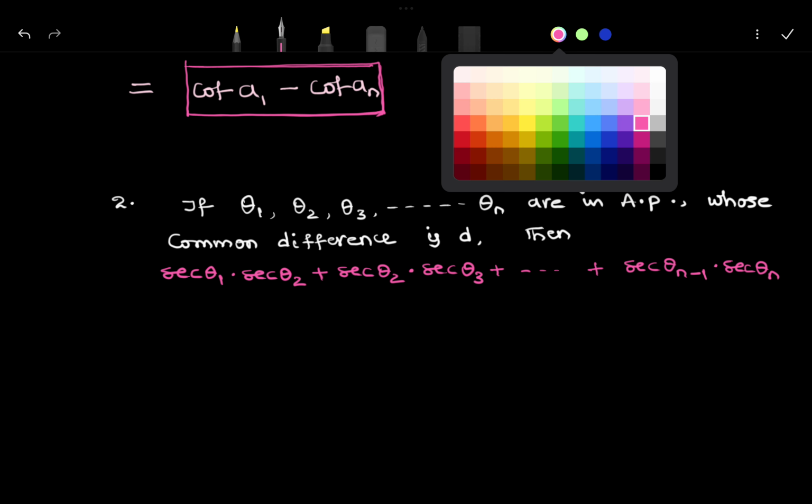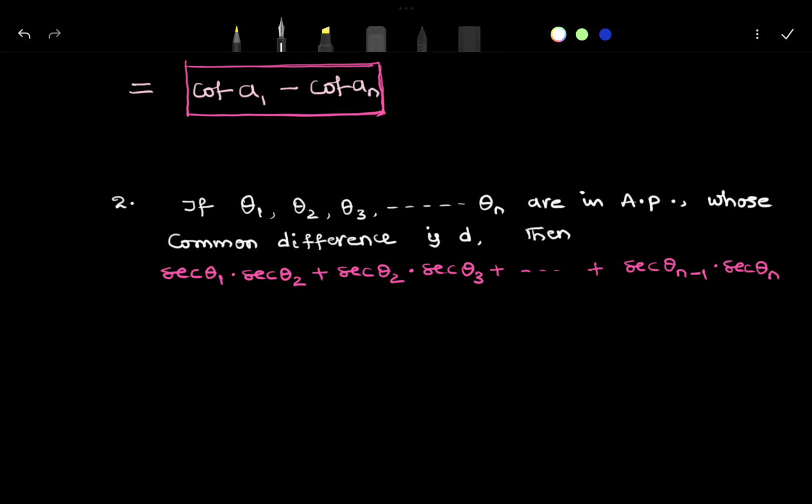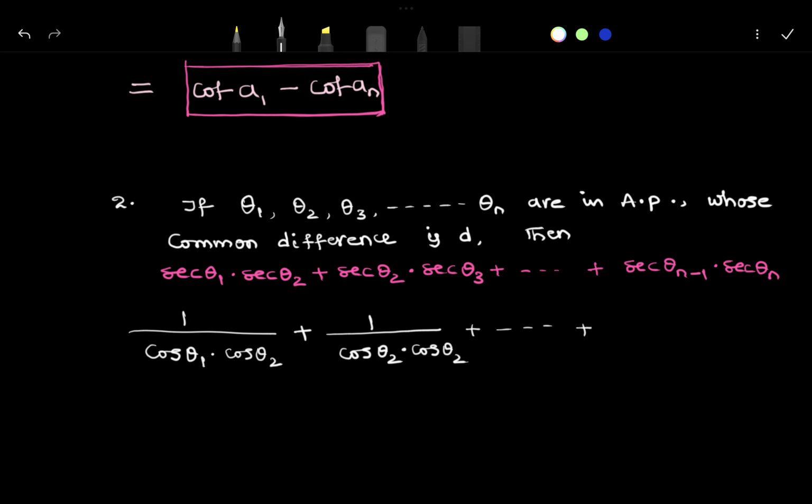Now here we can write this one as 1 by cos theta 1 into cos theta 2, plus secant theta 2 into secant theta 3, that is 1 by cos theta 2 into cos theta 3, plus and so on, plus 1 by cos of theta n minus 1 into cos of theta n.